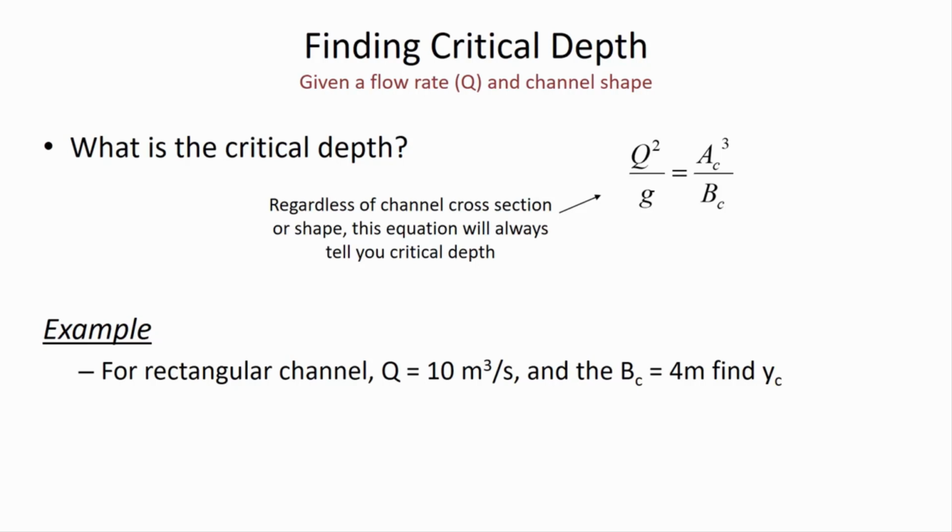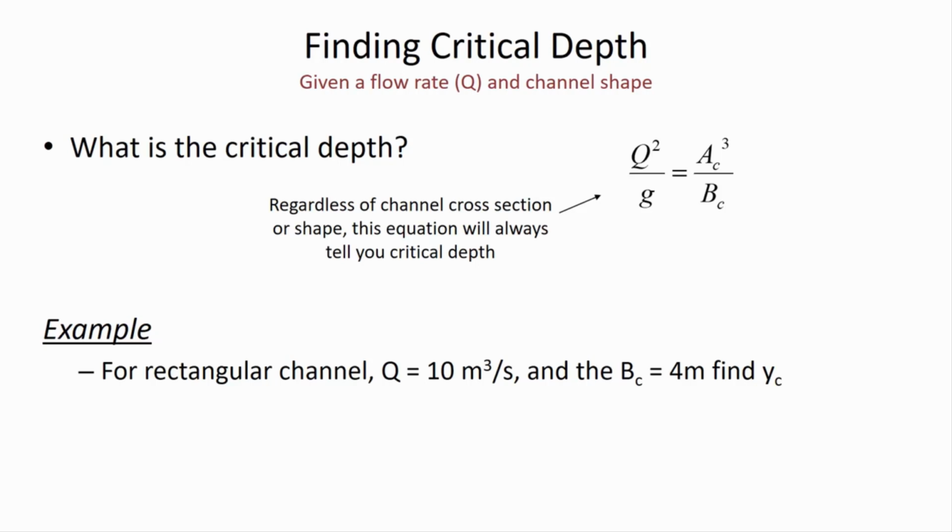Just by substituting in, Q squared divided by g is equal to the cross-sectional area cubed divided by b sub c. The width of the channel is 4 and the unknown depth is y sub c, so on the right-hand side of the equation it would be 4 times y_c cubed, divided by b sub c.